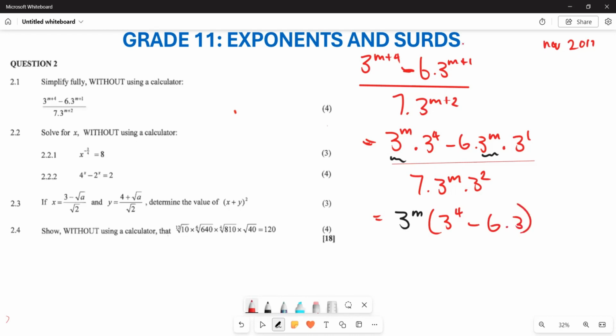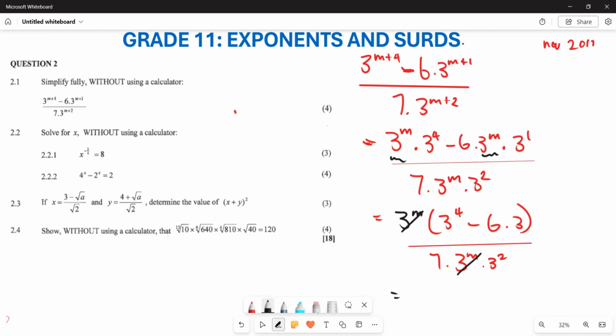Now on the denominator, you have 7 multiplied by 3 to the power of m multiplied by 3 squared. The next thing you are going to do is cancel. Your 3 to the power of m and 3 to the power of m cancel each other.